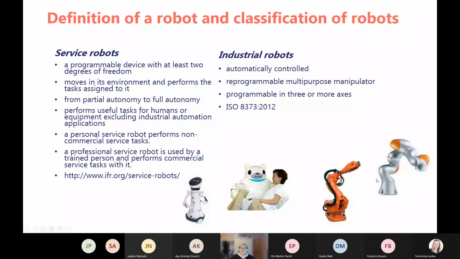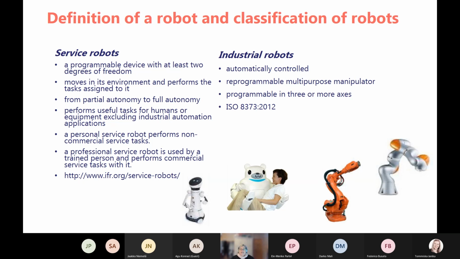Okay. Let's start with the definition of robots, because last time we ended up considering the definitions of different types of robots. Upon request, I have tried to bring important matters related to the latest robotic solutions to this training, and so I didn't start with the definition of robots on Monday.